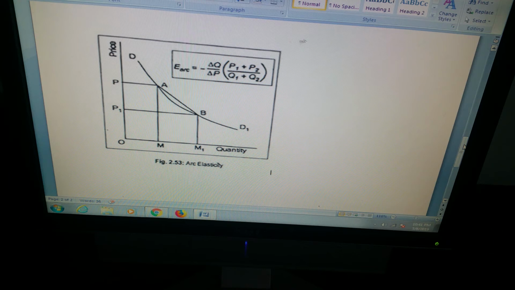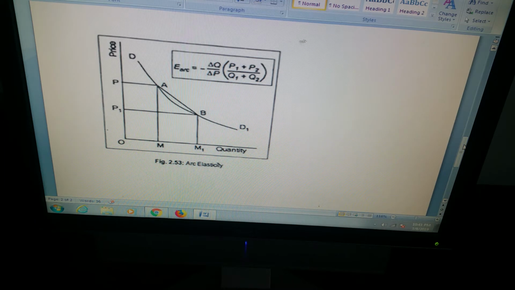But in this graph, he is assuming that we are moving from point B to point A. Why is he assuming that? Come on, answer. Why is he assuming that? Because P1 corresponds to B. So that's the starting point. And from P1, he is moving to P. All right. But the movement can be in any direction.